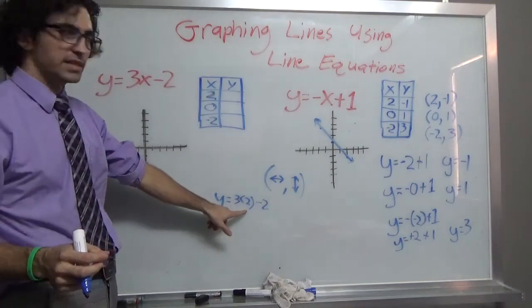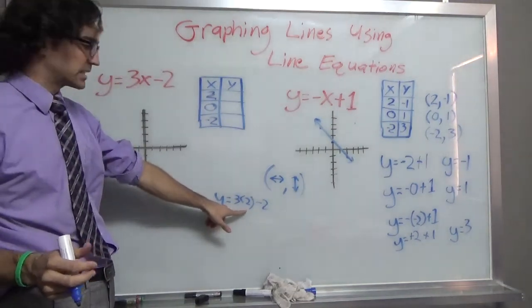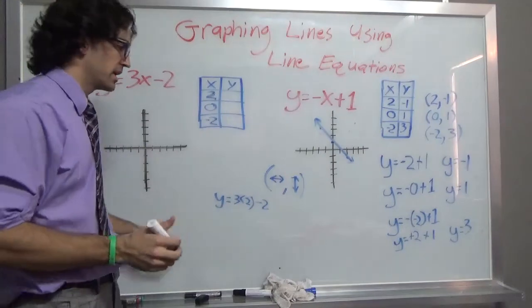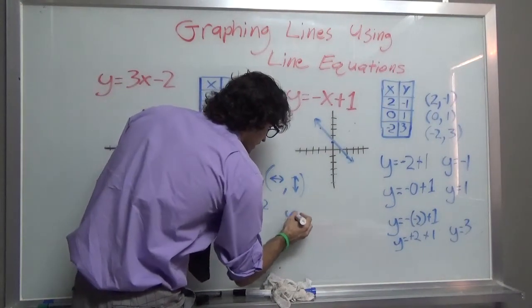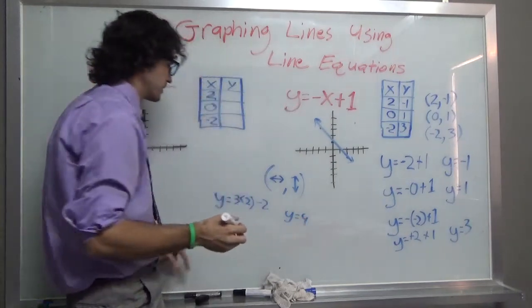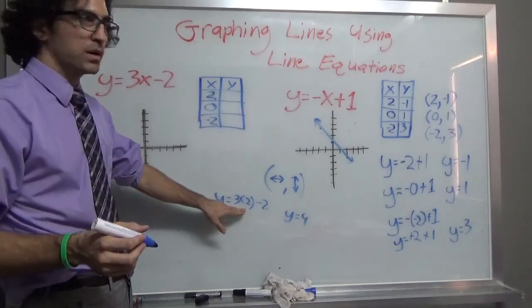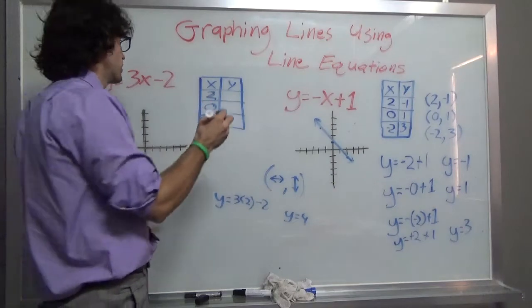So 3 times 2 is 6. 6 minus 2 is 4. Y equals 4. So when x is 2, y will equal 4.